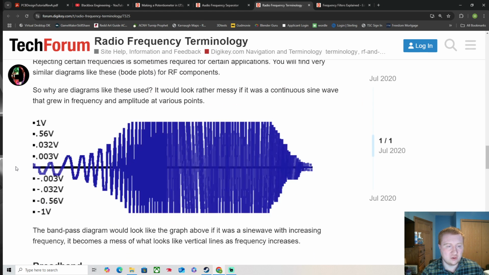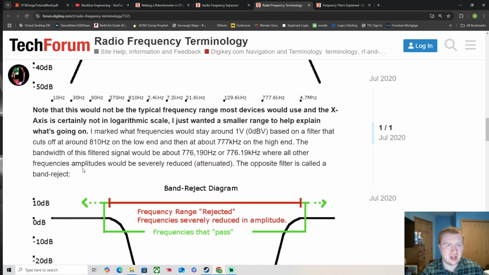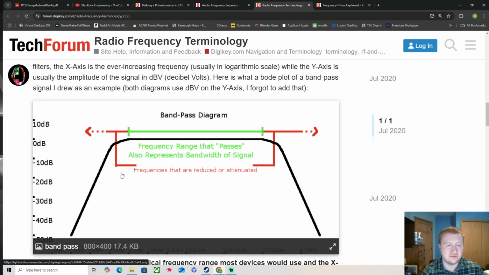So this is kind of what it would look like if it was an actual sine wave representation of what this does.